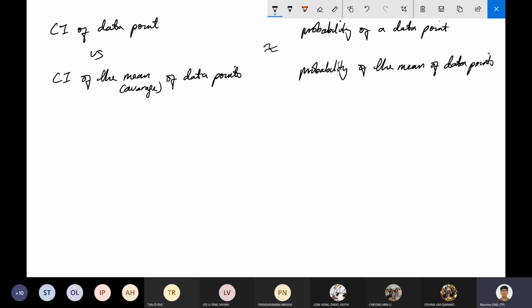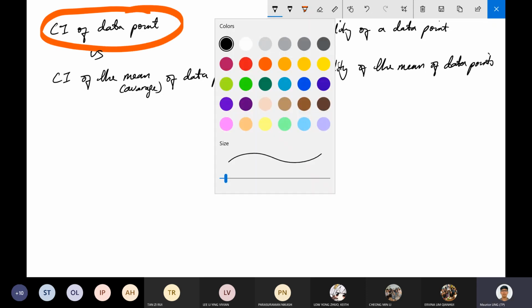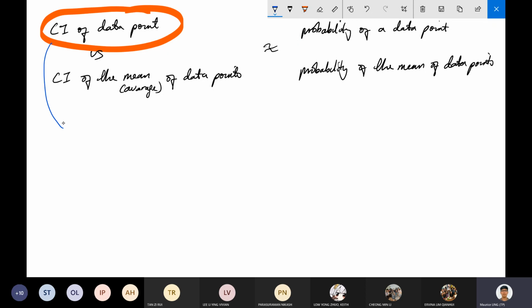Okay, so this is actually quite important. Why do I keep mentioning this aspect? It's because the confidence interval of the data point, we use quite often. We use this thing as the reference range in your medical biology.